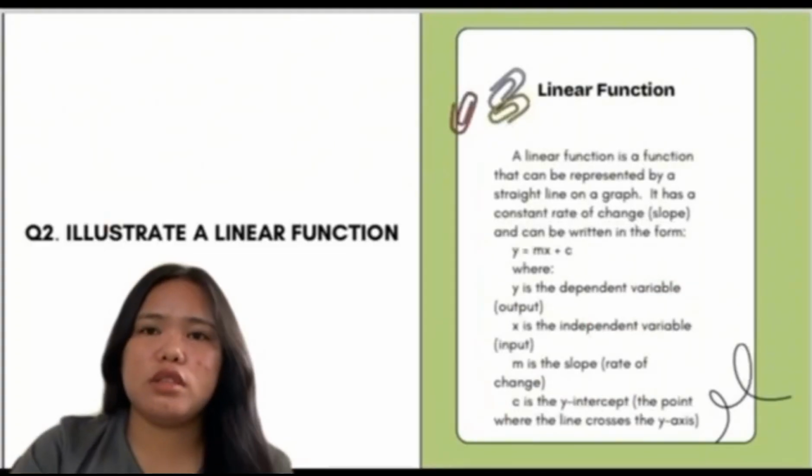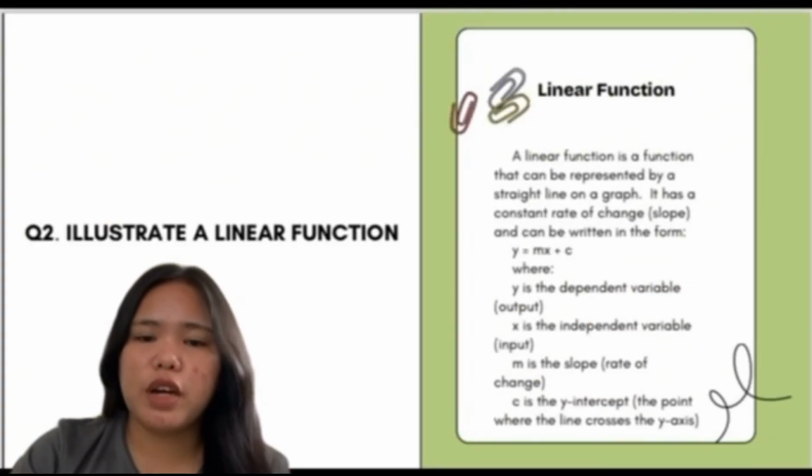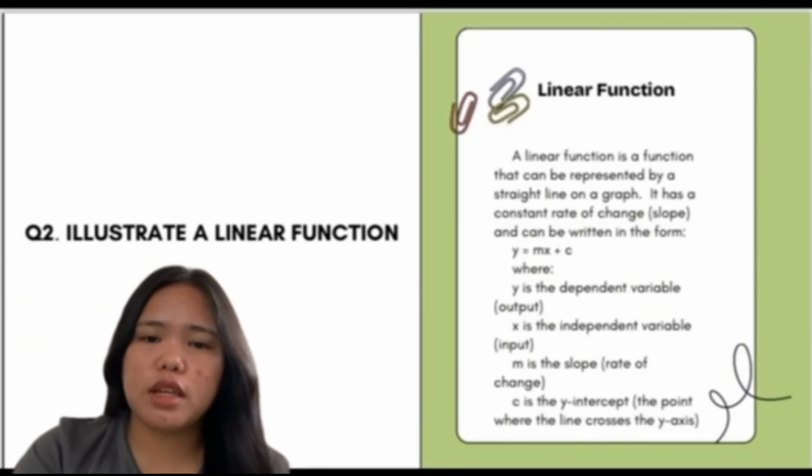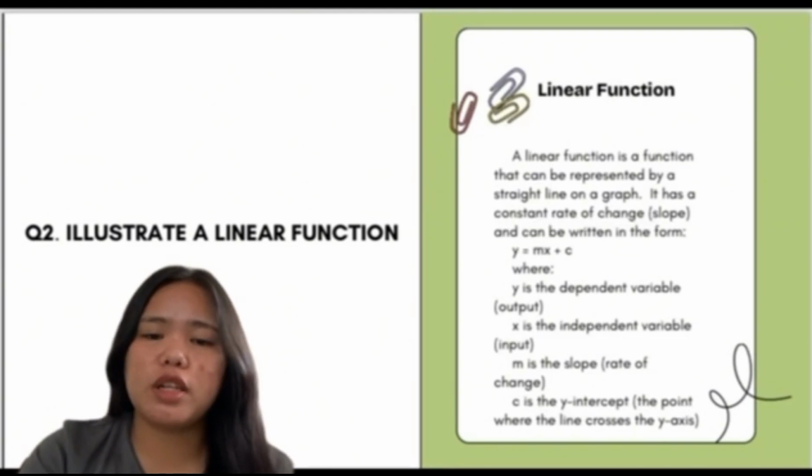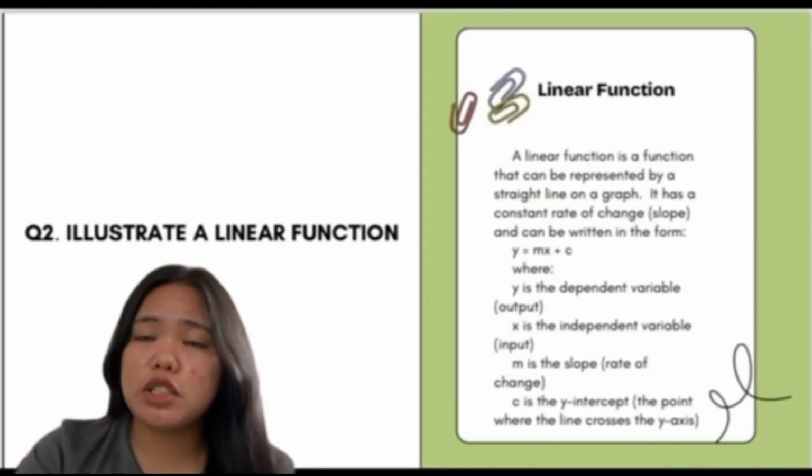On to the next topic, illustrate a linear function. Before we move forward to the questions, I will first discuss a linear function. So, what is a linear function? A linear function is a function that can be represented by a straight line on a graph.